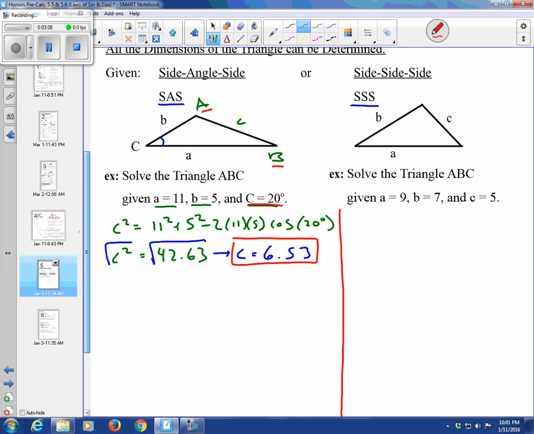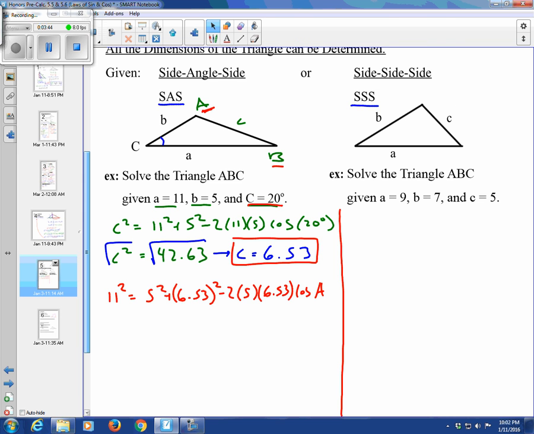So right here, we know that side A, which is 11 squared, will be equal to the sum of the other 2 sides squared. So that's going to be our 5 squared plus our 6.53 squared minus 2 times the other 2 sides times cosine of the opposite angle, angle A. And that's what we're solving for here.